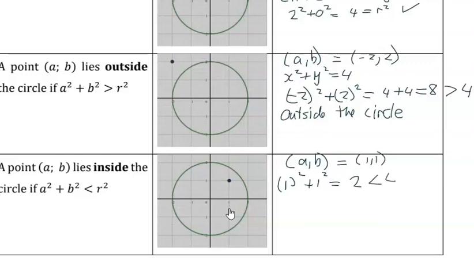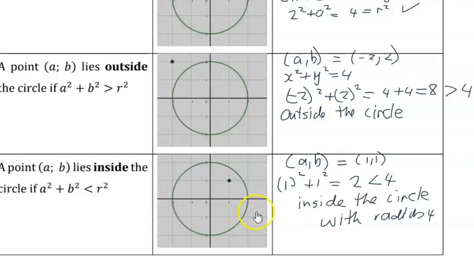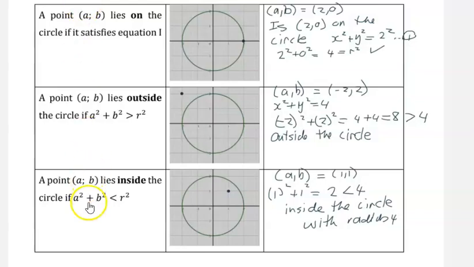That is less than 4, so that's why it's inside the circle. It's not really difficult to figure this out on your own, but just remember that we have the three situations. It's either on the circle, outside the circle, or inside the circle.